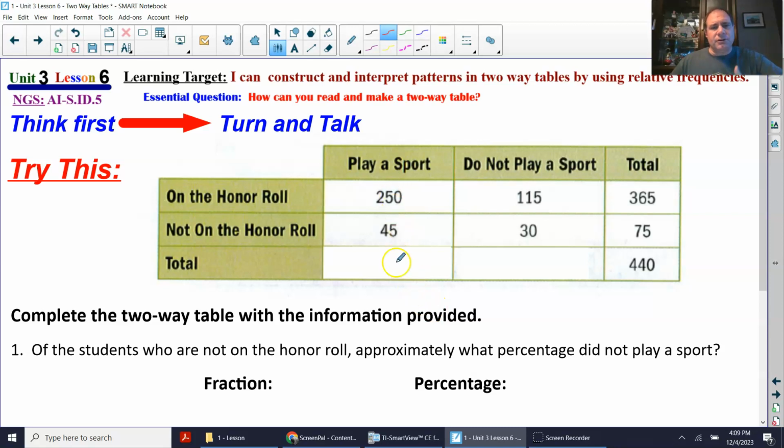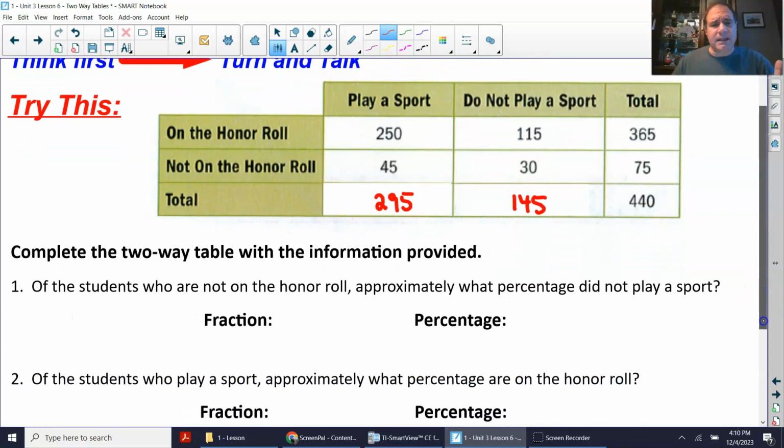Very easy. You're going to just add these down to get the numbers that are missing. This is 295 and this is 145. They have the totals, so let's go and get started.